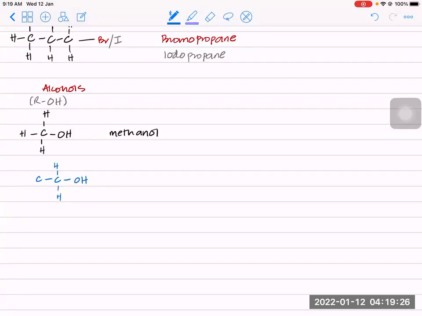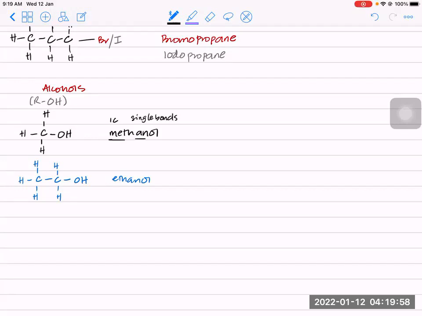Then you have a 2-carbon alcohol. This right here is what? Ethanol. And why do you call this methanol, ethanol? Meth is because it has one carbon, and because all the bonds are single, we call it an, because it's like an alkane.